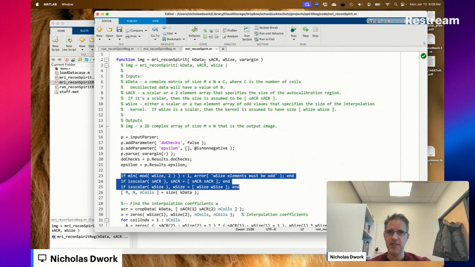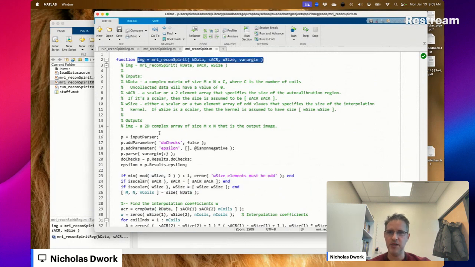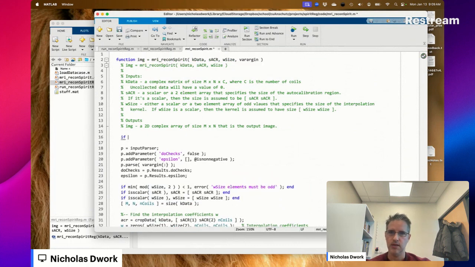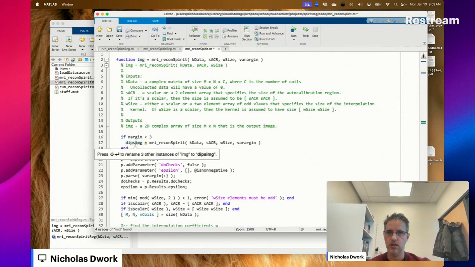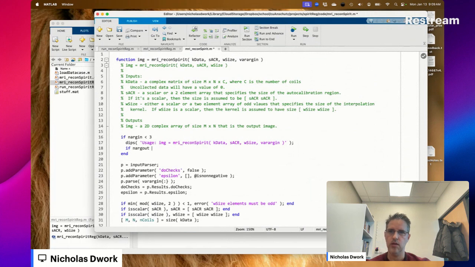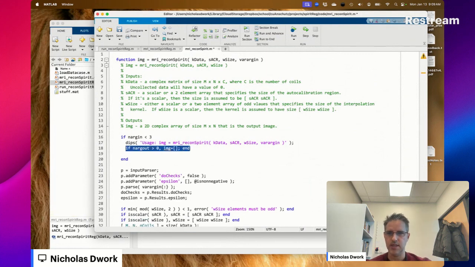I don't have usage. Let's add usage to the original MRI Recon SPIRiT. Does it actually say it? Look at that.